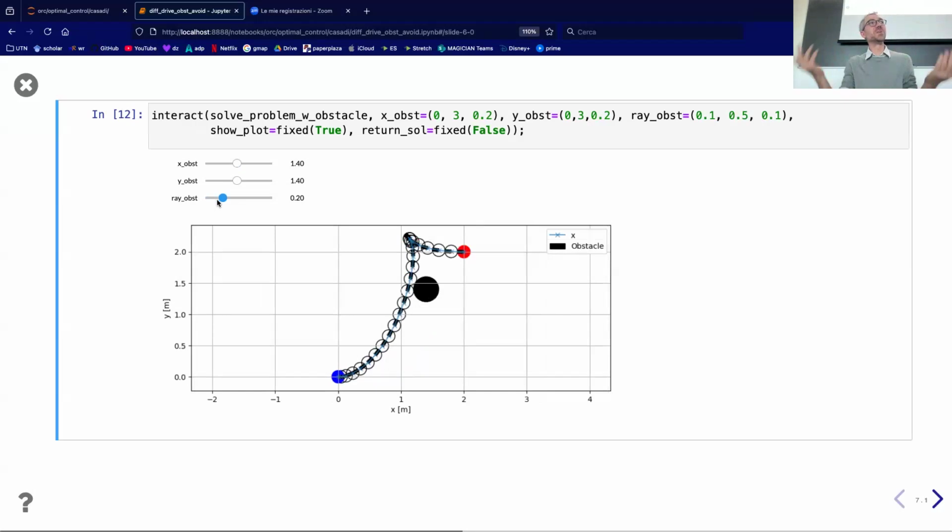And if you make the obstacle bigger, which actually should make the problem more difficult, the solver finds a better solution. So that can happen when you're working with optimization. Maybe a more difficult problem makes the solver find a better solution than an easier version of the same problem.